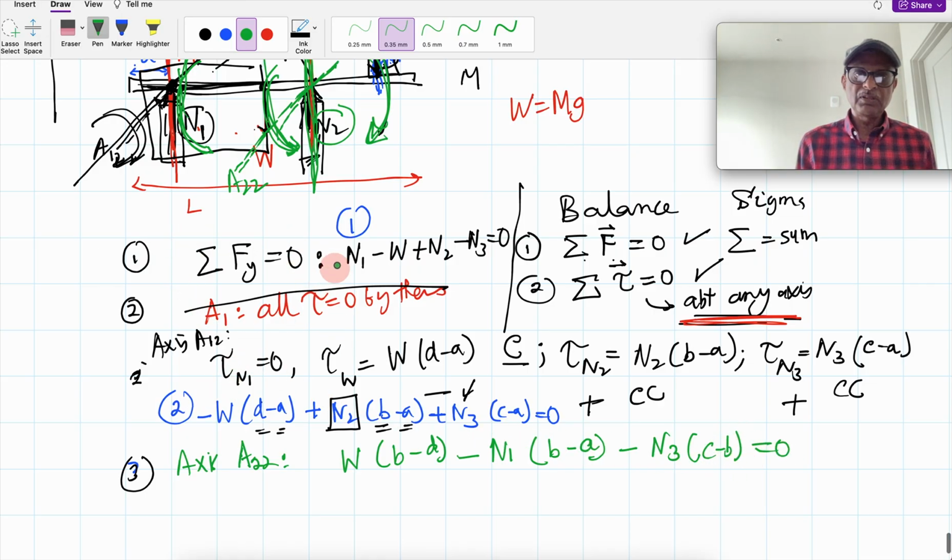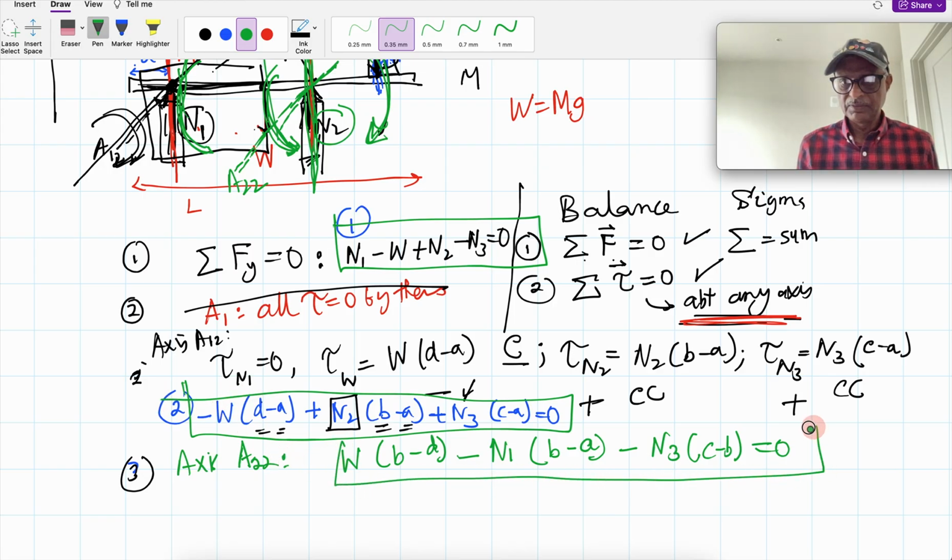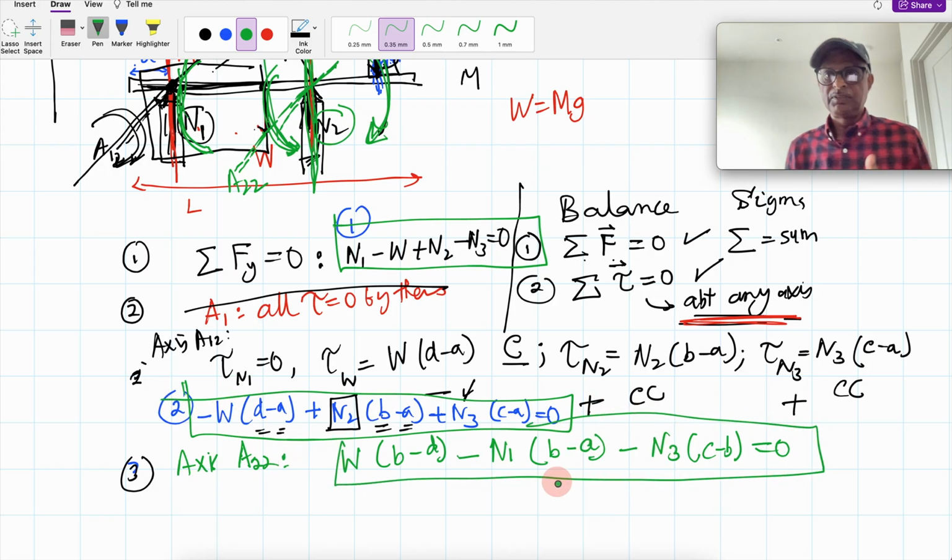That's all you're going to get. You're going to get this equation and this equation. That's all. They have to give you a sufficient number of these symbols in the problem for you to solve for the one answer or two answers. So from this you can get equation 3.